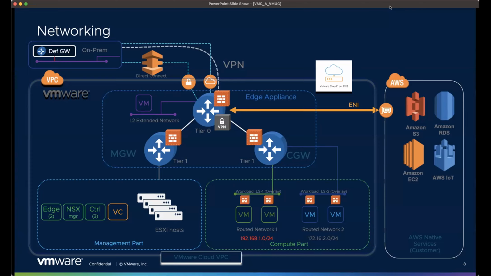These services are hosted in what we call the connected VPC, so the connected virtual private cloud on the Amazon side. And via this connectivity, we have a very high bandwidth and low latency link. So we're talking about 25 gigabits per second. And as we are in the same availability zone, we are talking about around a millisecond of latency.